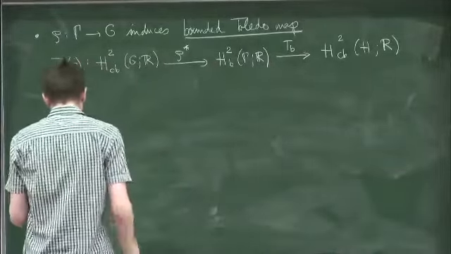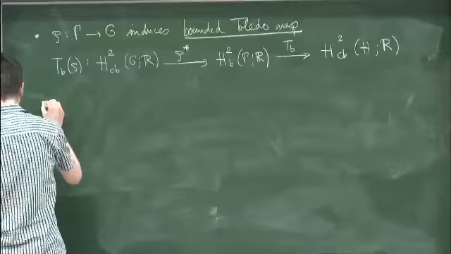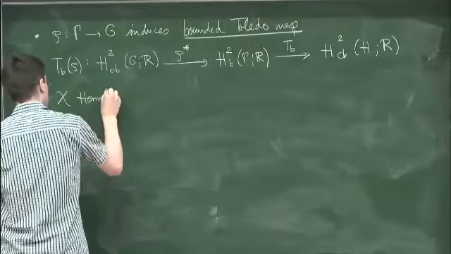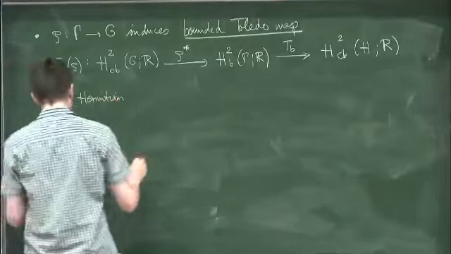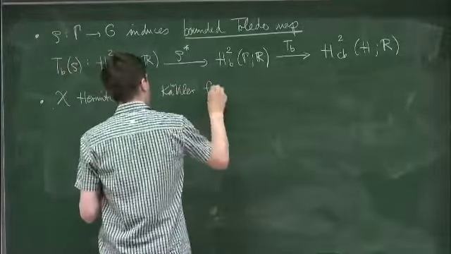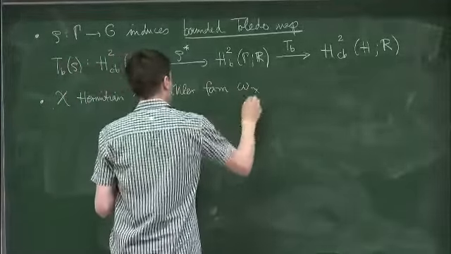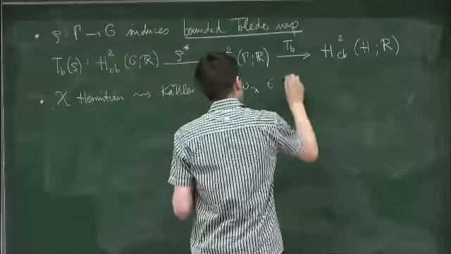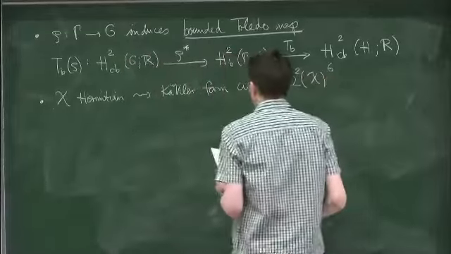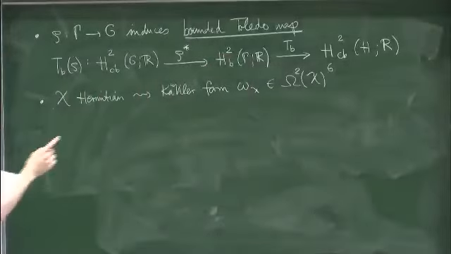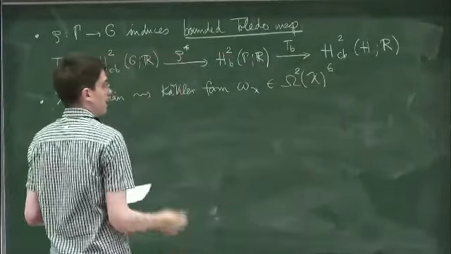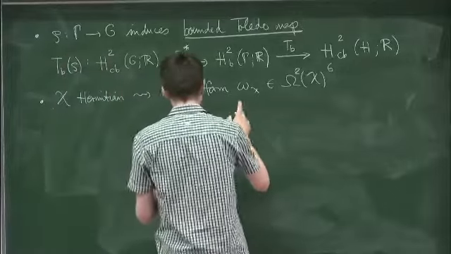And so one more thing. We know by assumption that the symmetric space X is Hermitian. So it comes with a scalar form omega X, which is a G-invariant 2-form on X. Very much the same way as we saw in the example of the Poincaré disk. It's just in higher dimension now, but the principle is exactly the same.